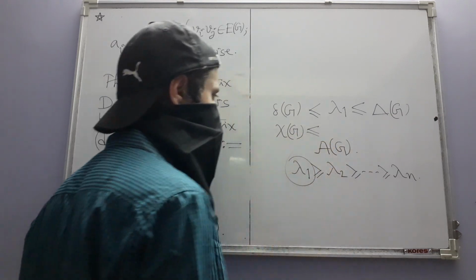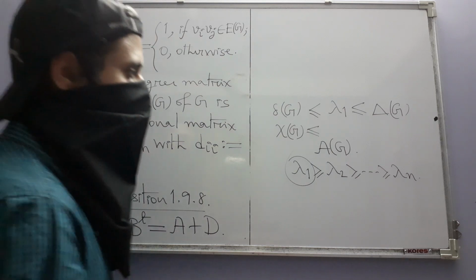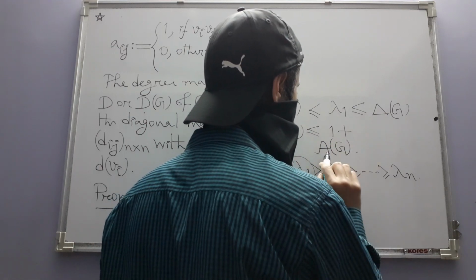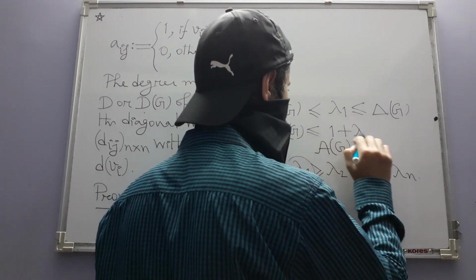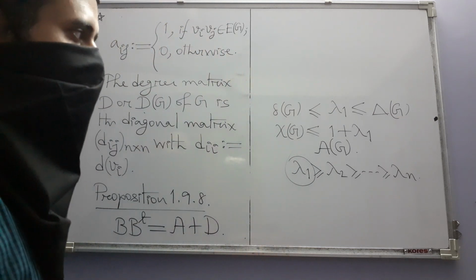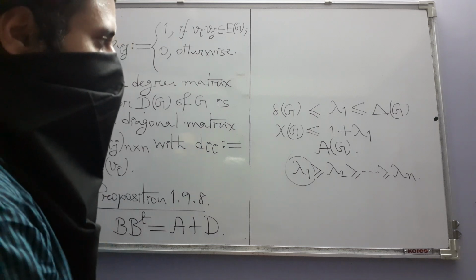Vaguely I am remembering some things. The chromatic number, I think this is the chromatic number of a graph, turns out to be less than or equal to 1 plus this maximum eigenvalue. Such very peculiar and interesting relationships are there.